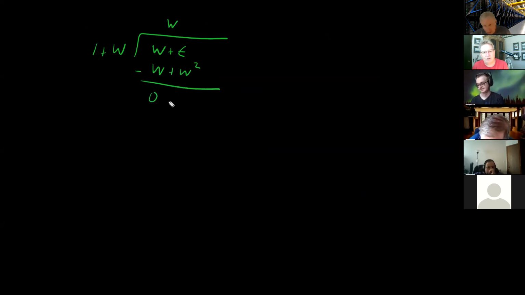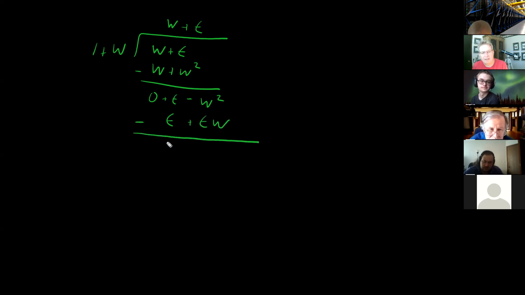Subtract: 0 plus epsilon minus W squared. Then epsilon goes in there, so this is epsilon plus epsilon W. These go away, and I'm left with minus W squared and minus epsilon W.